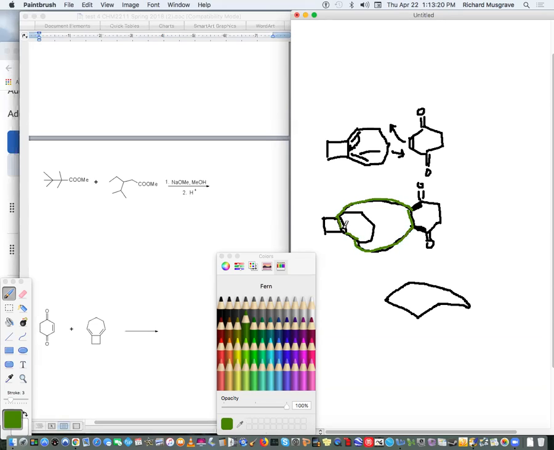I mean, the whole foundation to this is getting a good 2D diagram. There we go. All right, does anybody have any questions so far?